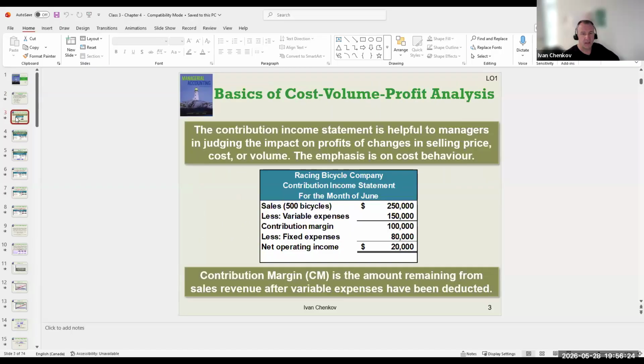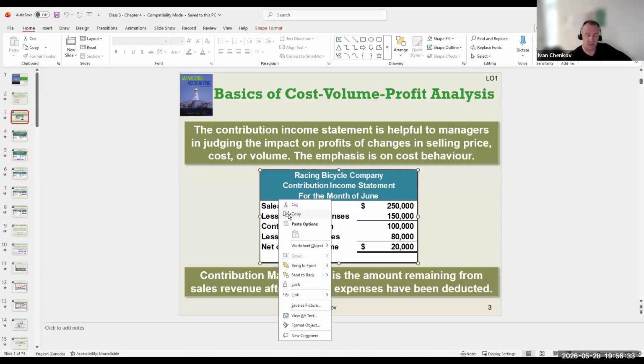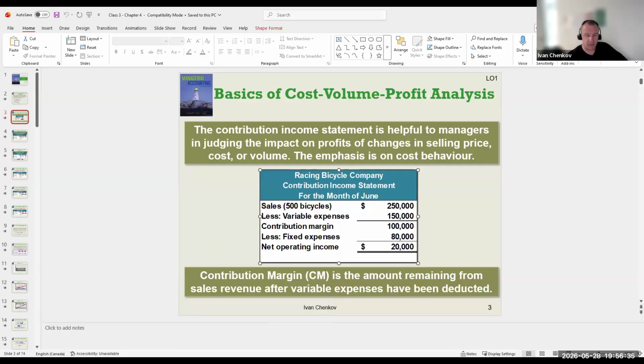First thing that we're going to see is this company, whose contribution margin statement is given to you. And what we're going to do, we're going to copy this one and let's flip it onto the Excel spreadsheet and see what we can do with this.